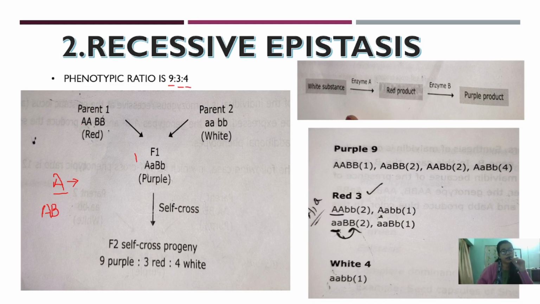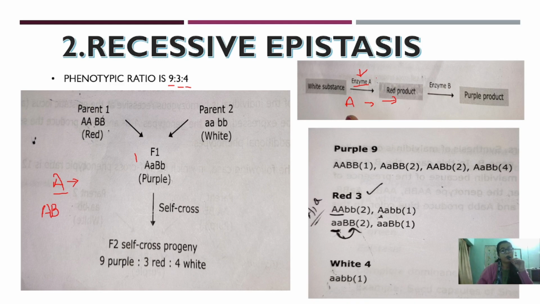First we will cross the red color. Here we will see how the red color is formed, because for the white substance, the enzyme A is responsible for the red product. So when A is present individually, it can produce the red color. But if enzyme B is present individually, it will produce no color.